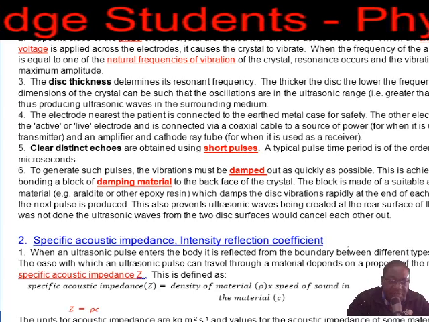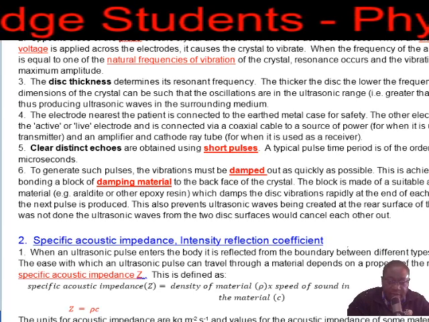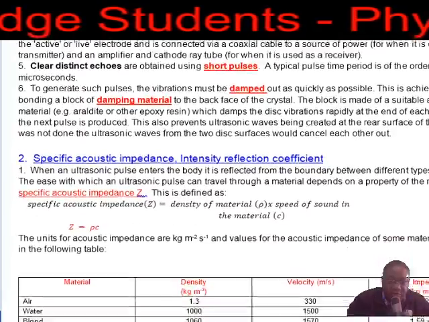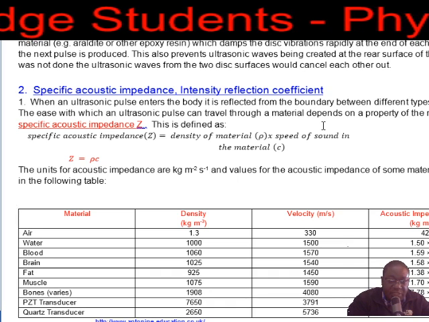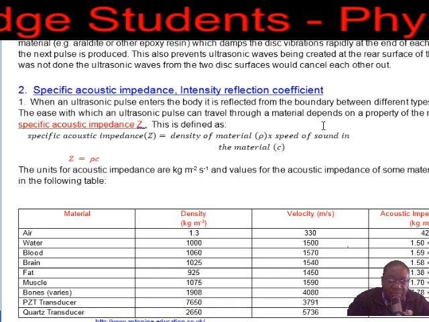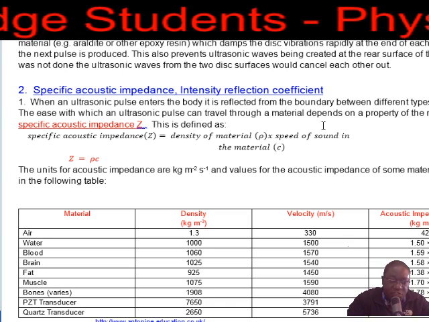Specific acoustic impedance and intensity reflection coefficient. When an ultrasonic pulse enters the body, it is reflected from the boundary between different types of tissue.